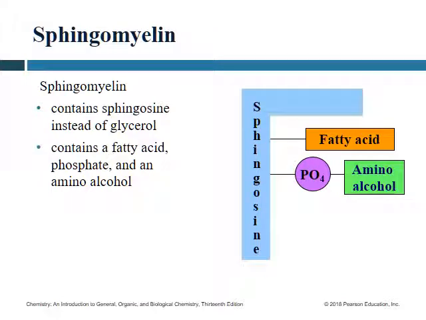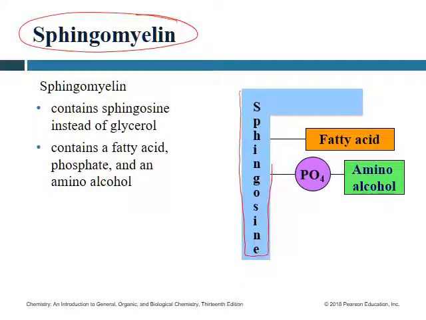About the fourth type of lipid that contains fatty acid in its structure, which is sphingomyelin. Sphingomyelin is made up of sphingosine alcohol. What is sphingosine? It is a long chain amino alcohol, right?